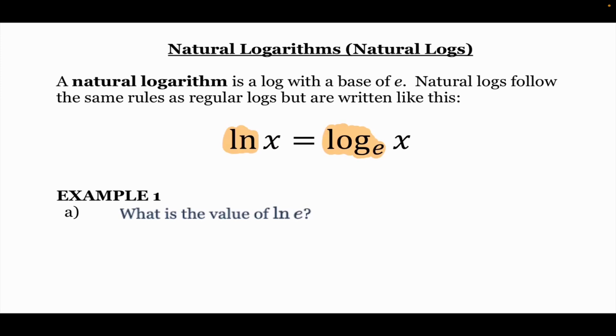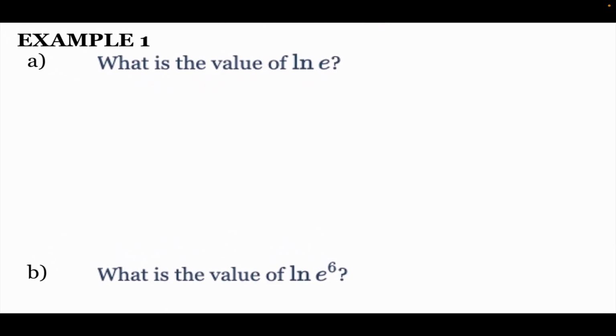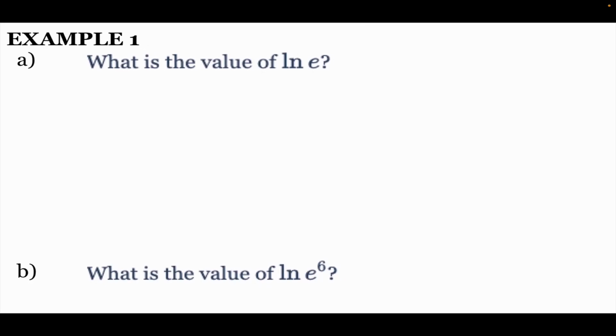Okay, so let's look at 1A. We saw questions like this yesterday. The only difference is it didn't say ln. It said log base of whatever. So the first thing you're going to do is swap it out for a log with a base of e, because it is a log.